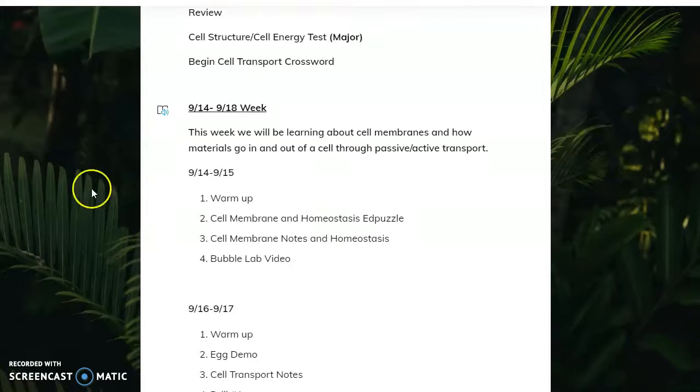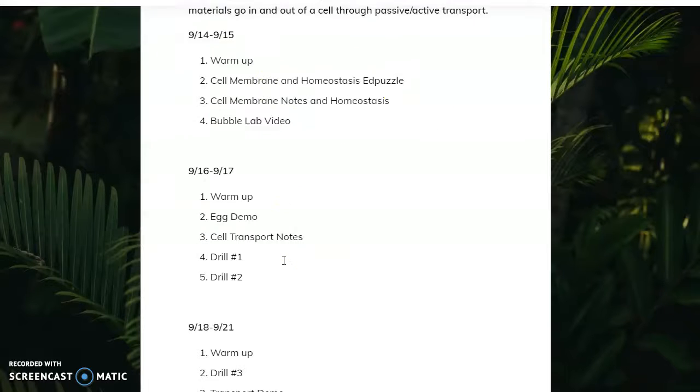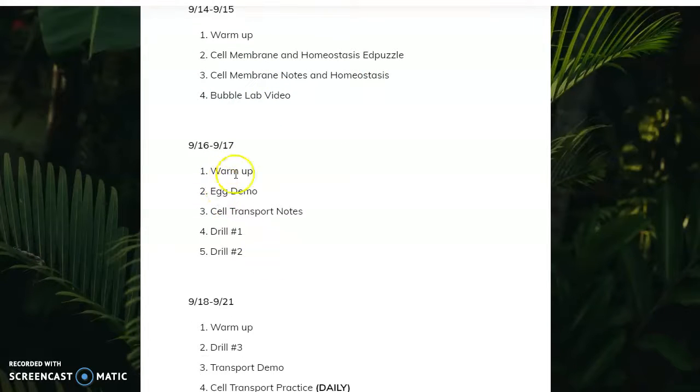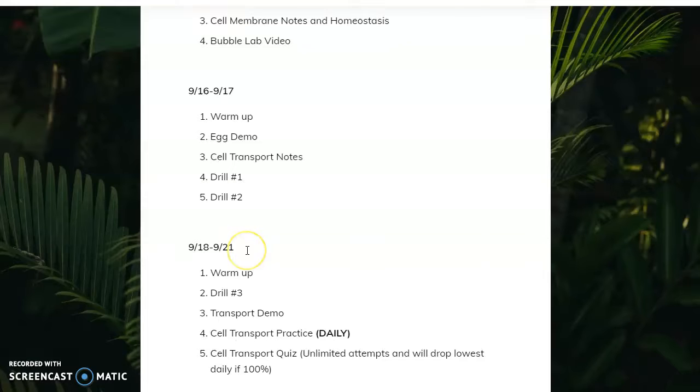And then this week we have a couple of things. We have a warm-up, and then we have an Edpuzzle. And then we'll do some notes and a bubble lab demo. Wednesday we have a warm-up, an egg demo, cell transport notes, drill 1 and drill 2, those are quizzes.